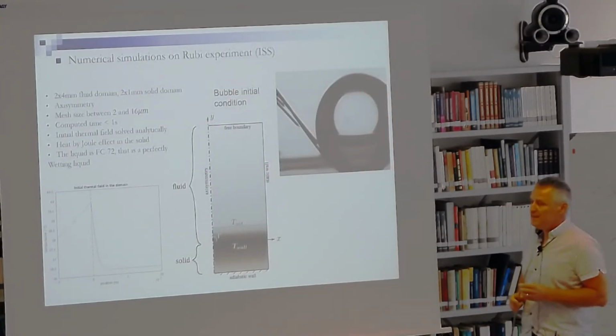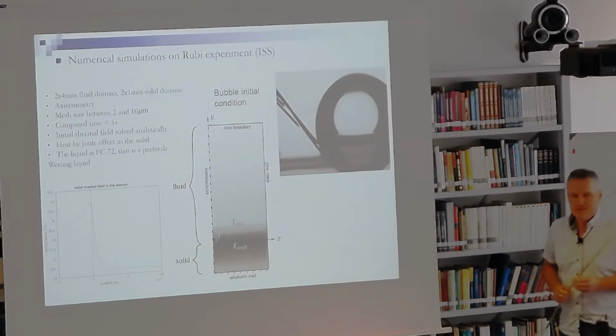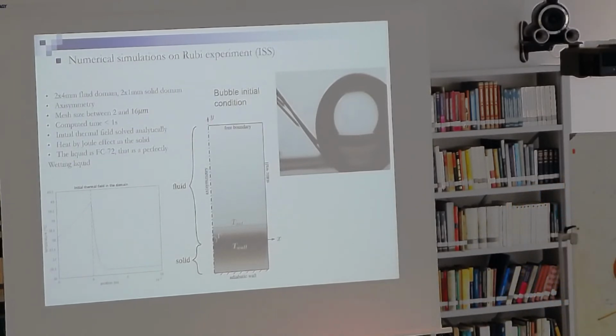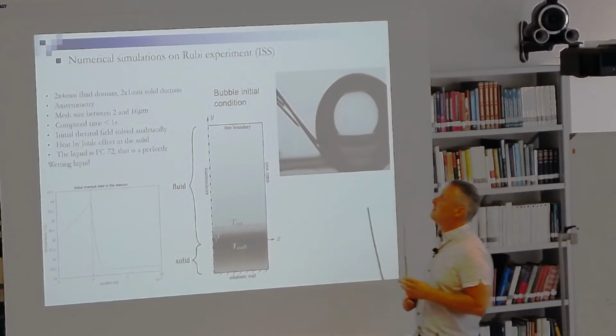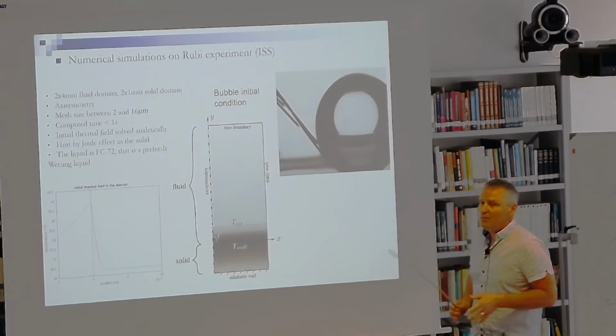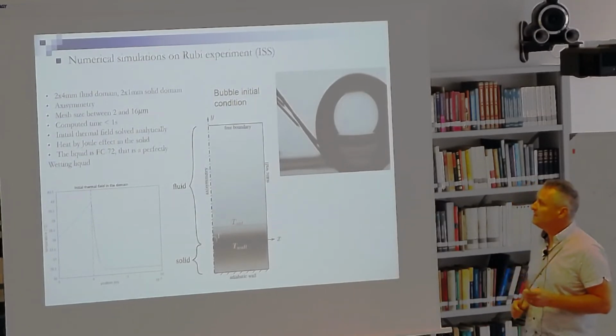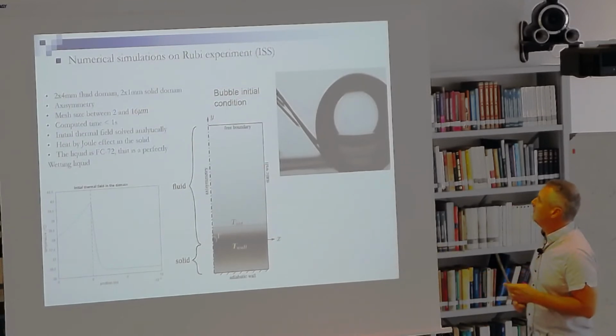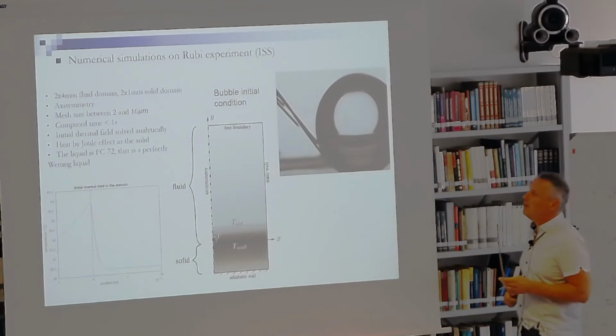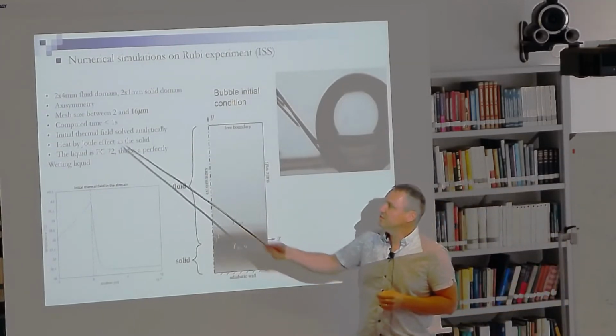Our study on microgravity is inspired by the Ruby experiments, which have been run in the ISS by a team of several universities, in which Catherine Colin collaborates, my co-author on the paper related to this study. It is a bubble which is heated by a wall by a Joule effect in the solid.